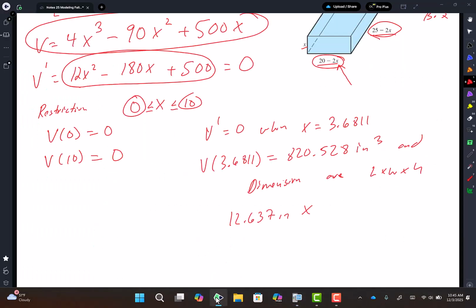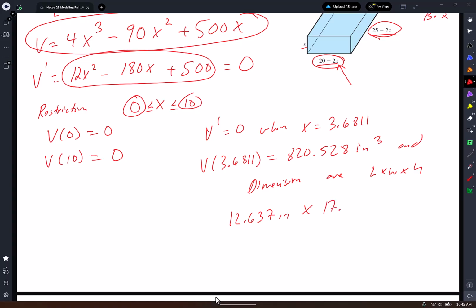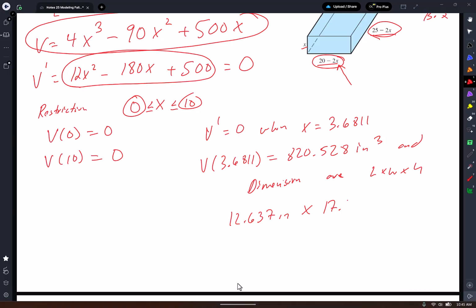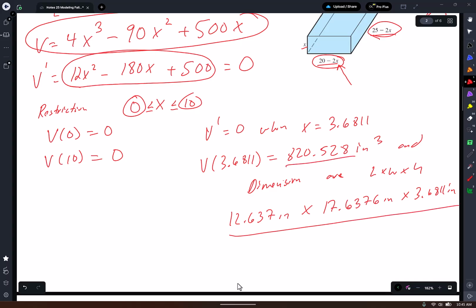Put units whenever applicable. 17.6376 inches by 3.6811 inches. And if you multiply those three numbers, you should get that number there.